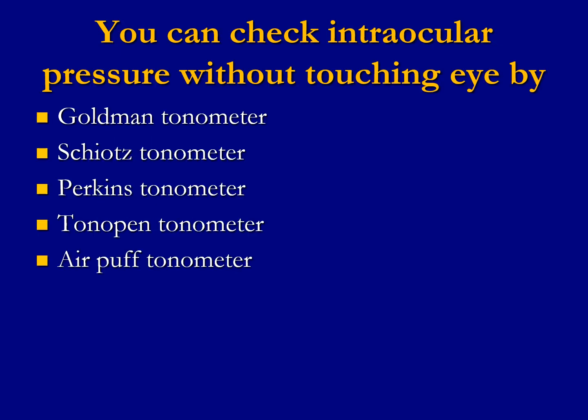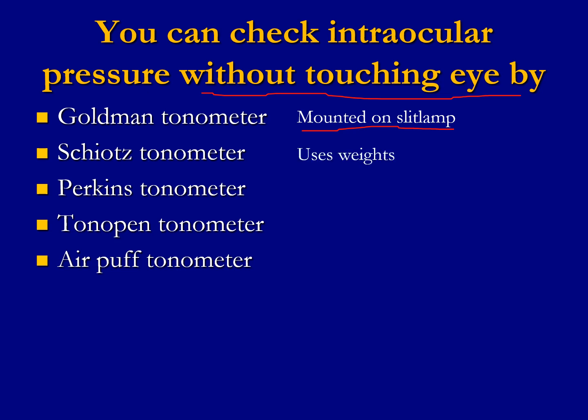You can check the intraocular pressure without touching the eye by Goldmann tonometer, Schiotz's tonometer, Perkins tonometer, tonopen or air puff tonometer. Remember, Goldmann is mounted on a slit lamp and you have to touch the cornea with the prisms. Schiotz's tonometer uses weights and you have to lie the patient down and touch the cornea.